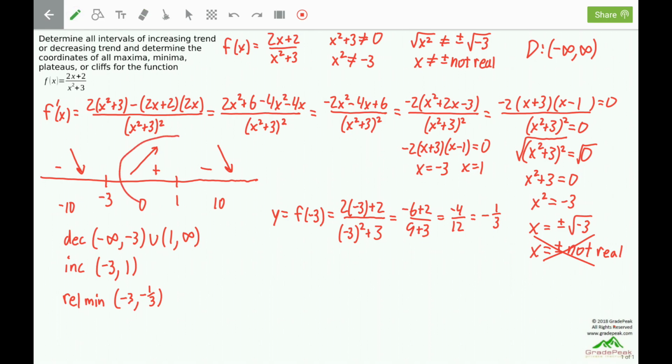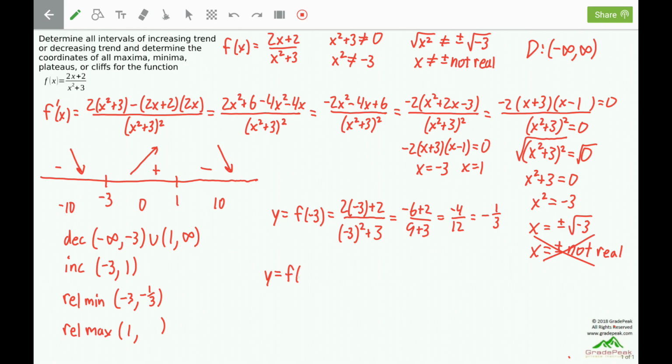Right at the critical number of 1, we have a trend change from increasing to decreasing that makes 1 be a relative maximum. So we have a relative maximum at an x-coordinate of 1 and a corresponding y-coordinate that can be found by plugging 1 into the original function.